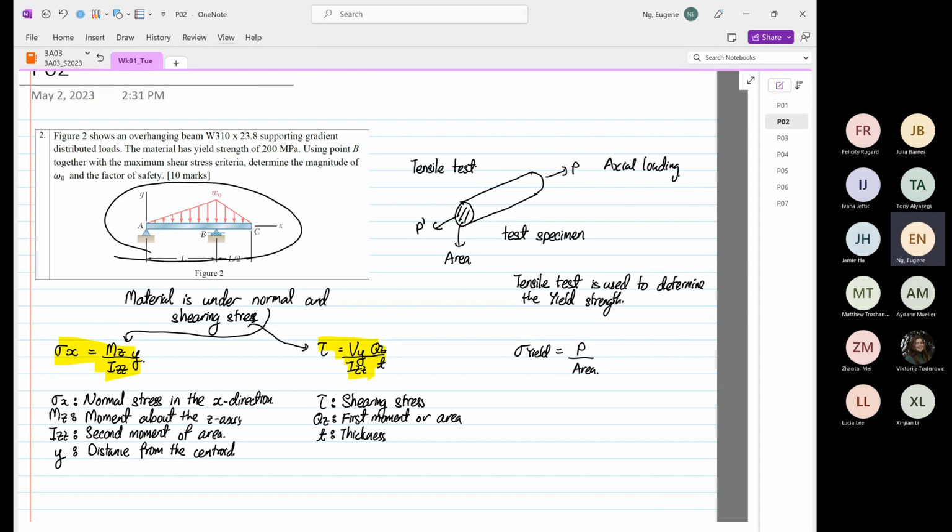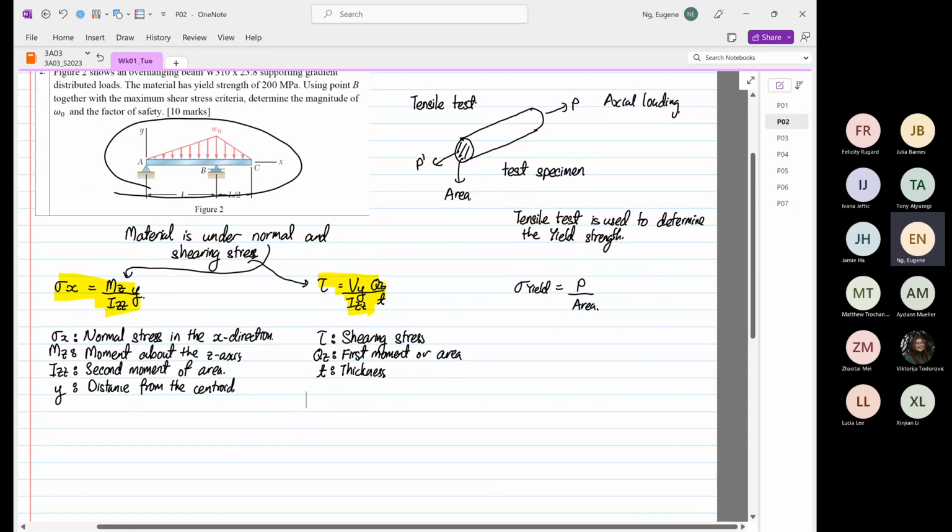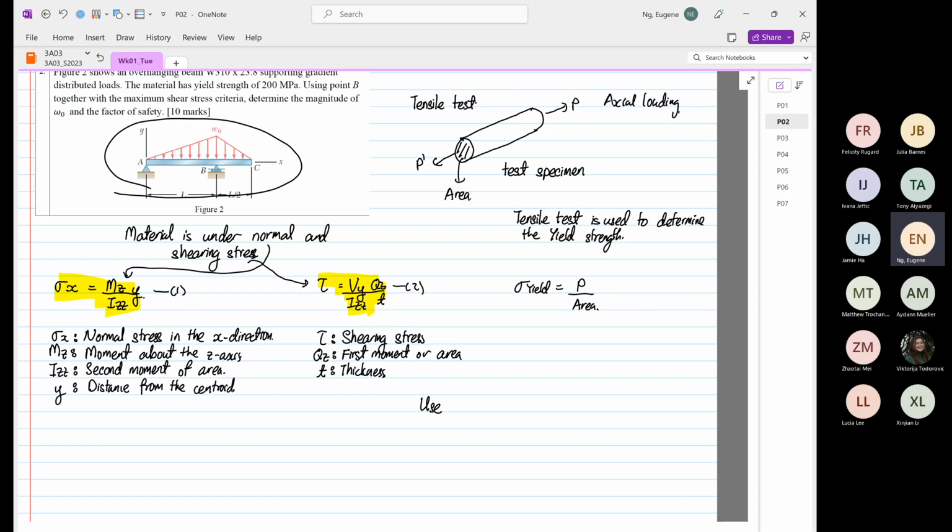So how is it possible to use equation 1 and equation 2 to determine or to select or to ensure that the maximum stress is less than the stress yield?